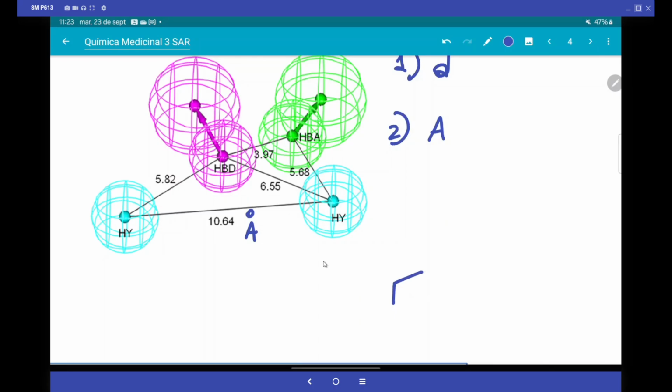To draw it better, we are going to erase. Well, here, you could tell me about this here. I have them 1, 2, 3, 4, 5, 6, 7.